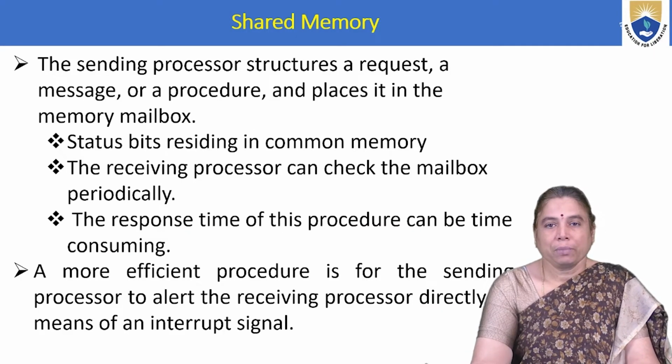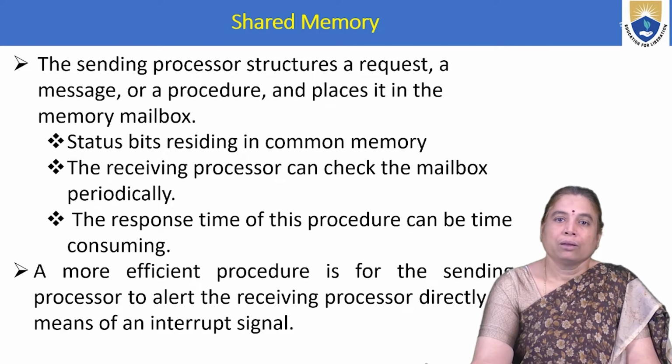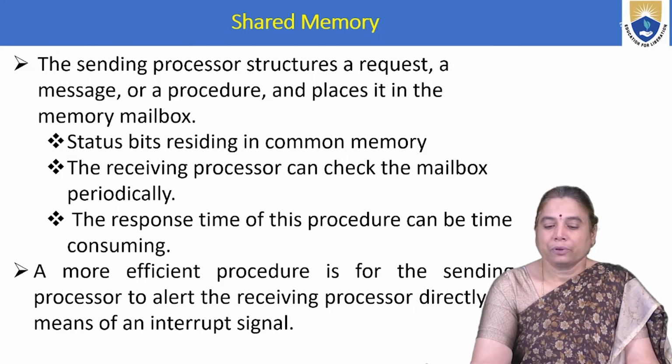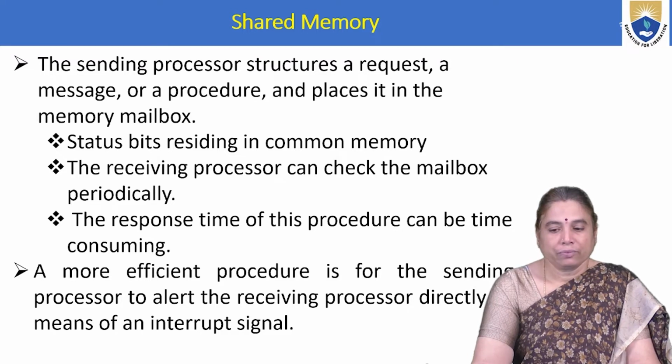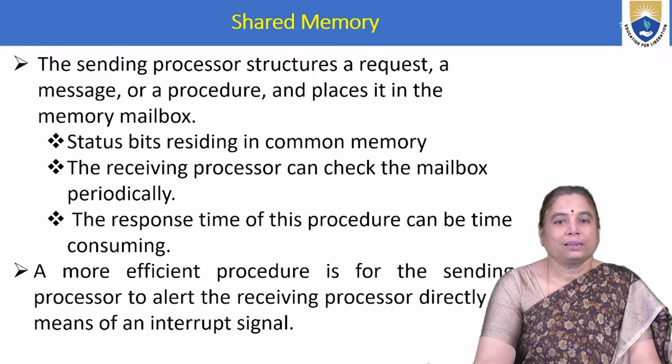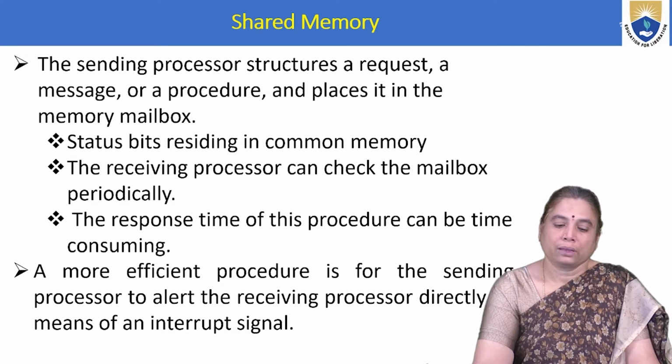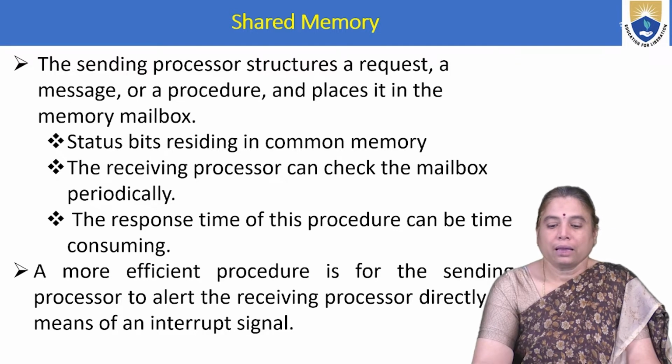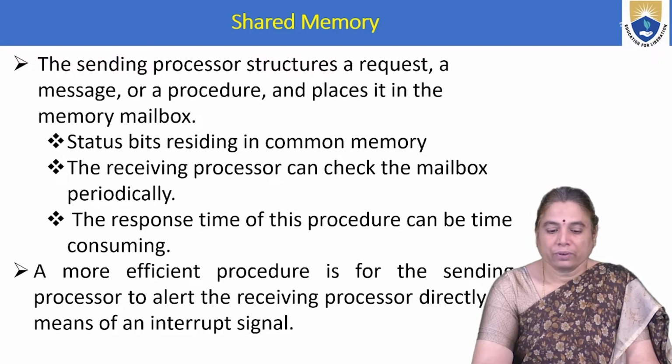The shared memory is one of the techniques for interprocess communication. The sending process structures a request, a message or a procedure and places it in the memory mailbox. So, the processor that wants to communicate has to structure a request.